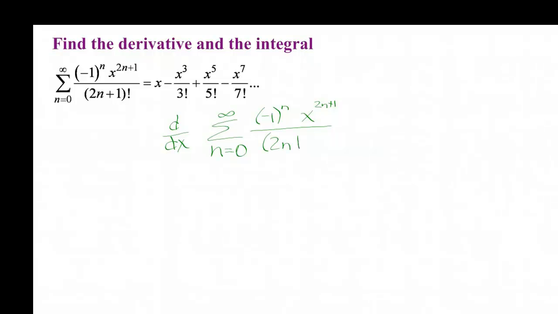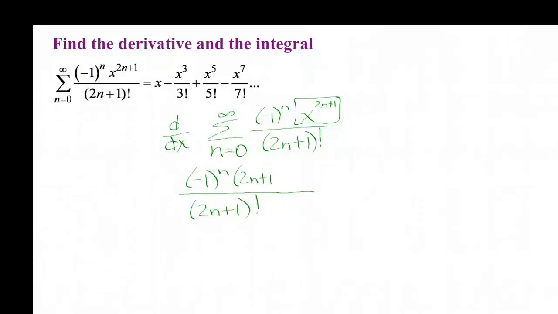The quantity 2n plus 1 factorial, that's a constant. That's not going to affect anything. So as a matter of fact, I can just write those down because this is the only term that's going to be affected by differentiating with respect to x. It's the only term with an x in it.